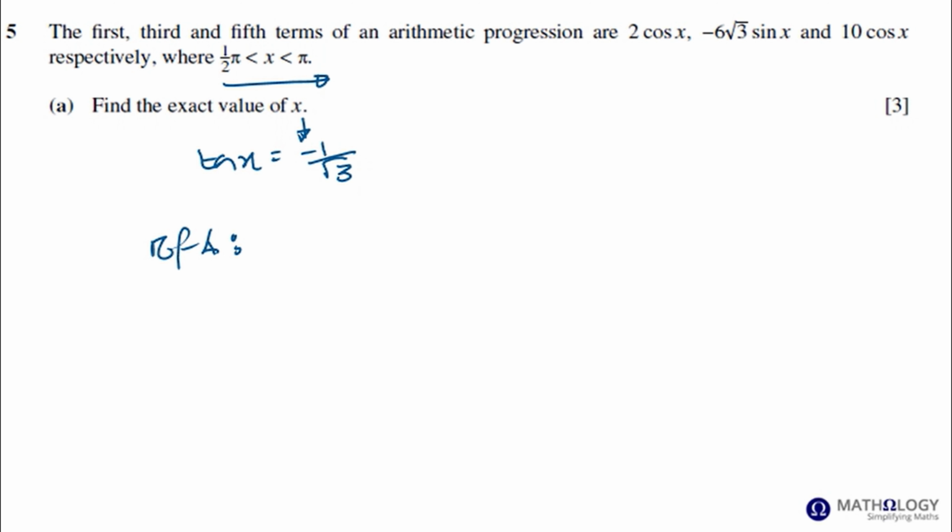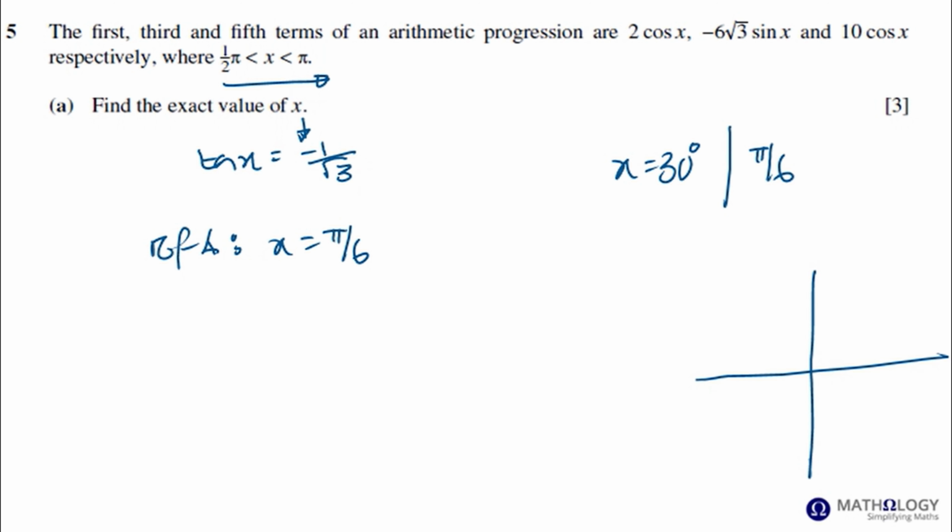So let's first work in degrees. Shift tan of 1 over root 3 means that x will be 30 degrees, and in radians that will be pi by 6. So the reference angle is pi by 6. The negative means the solution lies in a quadrant where tan is negative. So taking the restriction, the domain, into consideration, x is an angle between pi by 2 and pi, so we're working in the second quadrant.